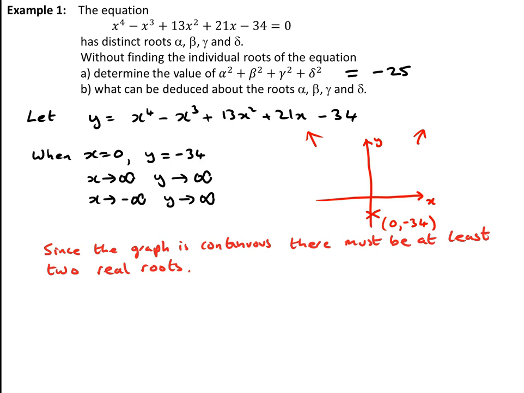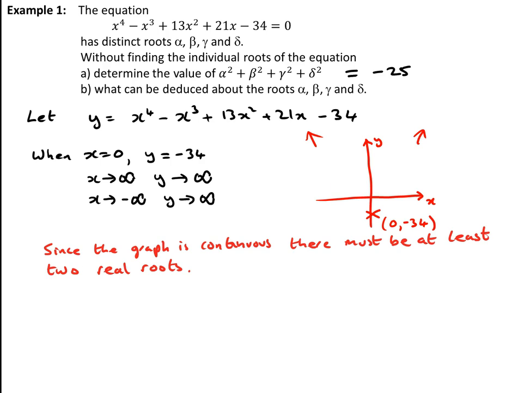A continuous graph is one that we can draw without having to take the pencil or pen off the paper. So we know that we've got at least 2 real roots.